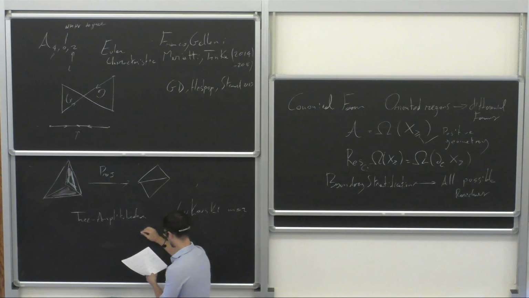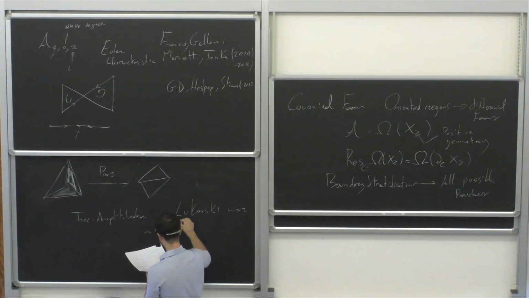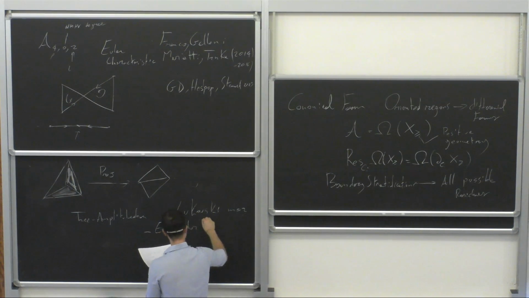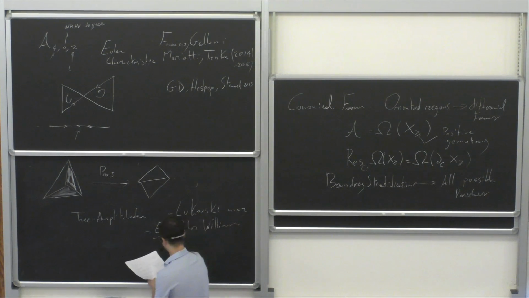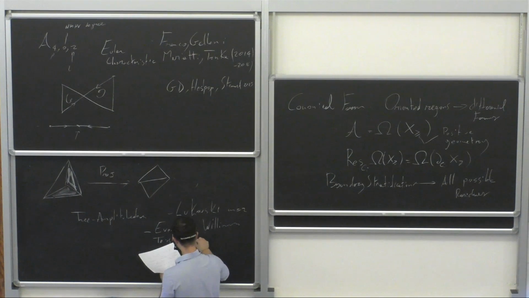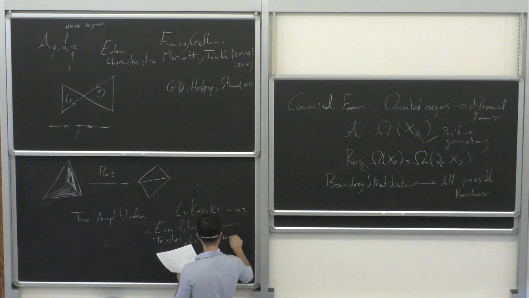And then we have a series of works by a group of essentially mathematicians, Even, Zhou, Williams, Tessler, for the m equal to 4 amplituhedron.